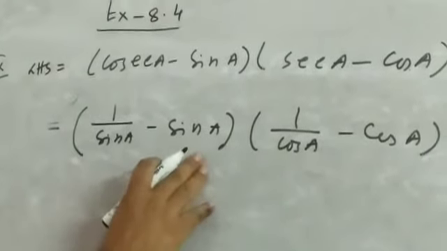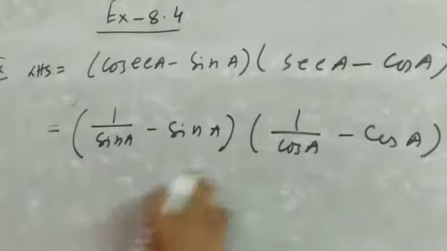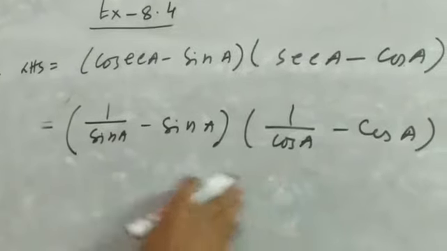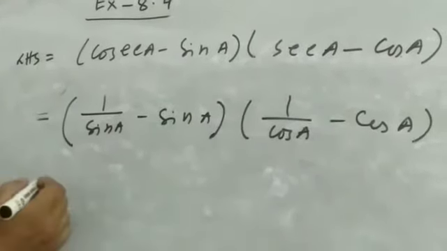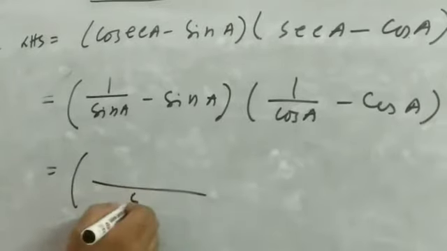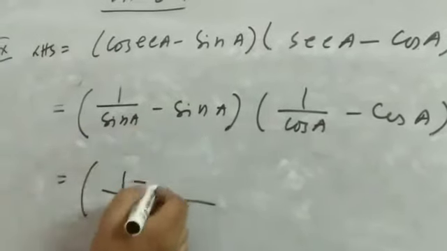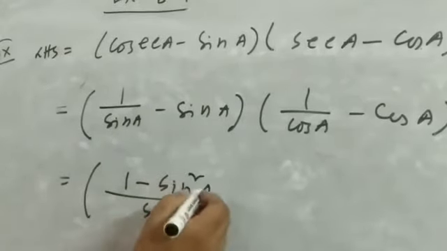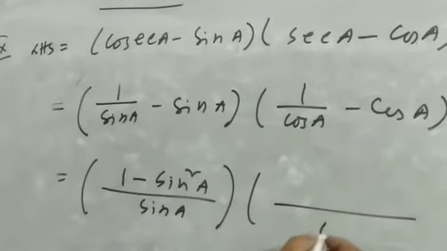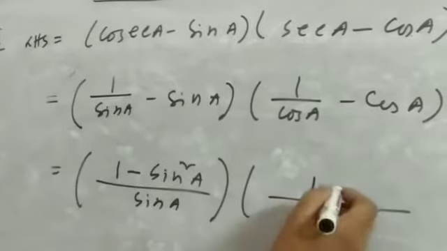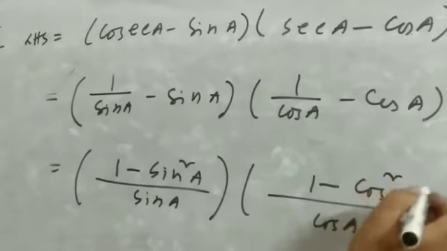Sin and cos are the first two ratios and most useful, and we can simplify easily. So now we will find the LCM. The LCM will be sin A, so here 1 minus sin square A. Here also the same, the LCM will be cos A, so 1 minus cos square A.